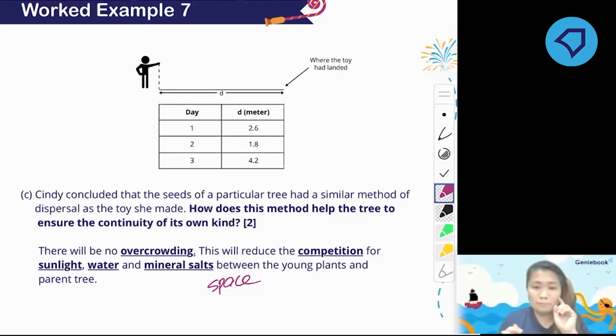And in fact, for plants that are overcrowded, how do you know that they are overcrowded? They will be growing very thin and tall.